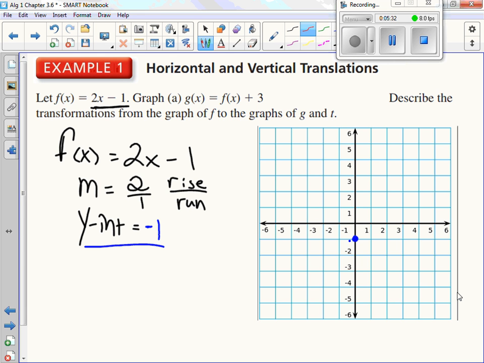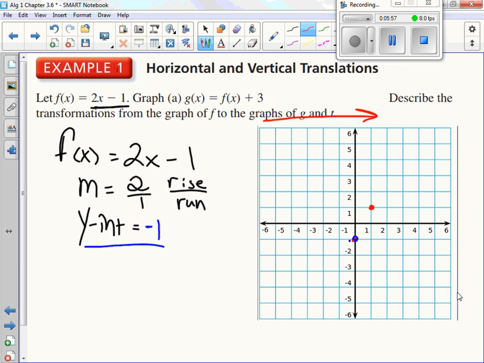So that means the overall line should be going what? Up. So as we go from left to right, as we go this way across the graph, the line should be increasing. It should be going up. So from this point here, we would go up 2 and over 1. Our rise is 2. So we rise 2 and go 1 to the right.